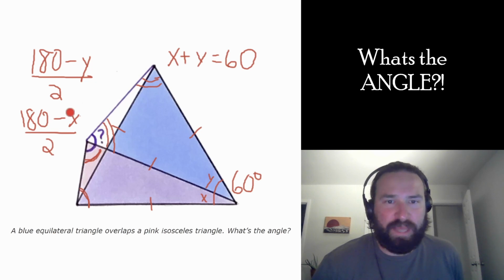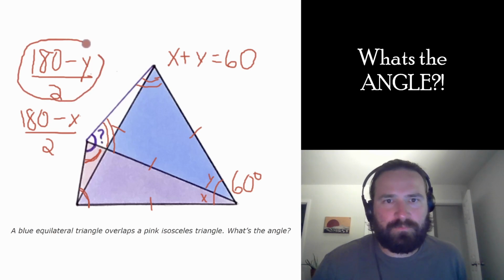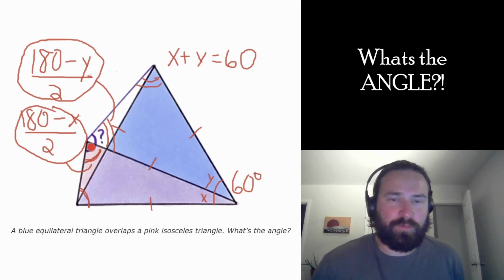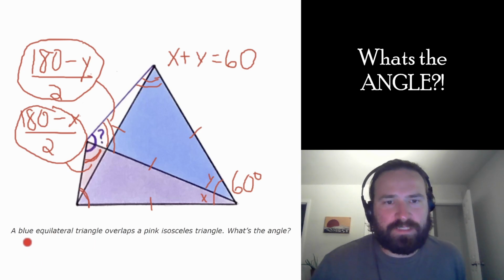If we add those together, so we'll add these 2 equations right here together. So now we have this little equation to represent this little piece, and this equation to represent this little piece. If we add them together, it should equal the purple angle. When you add these 2 pieces together, we're going to get 360 minus x minus y over 2.